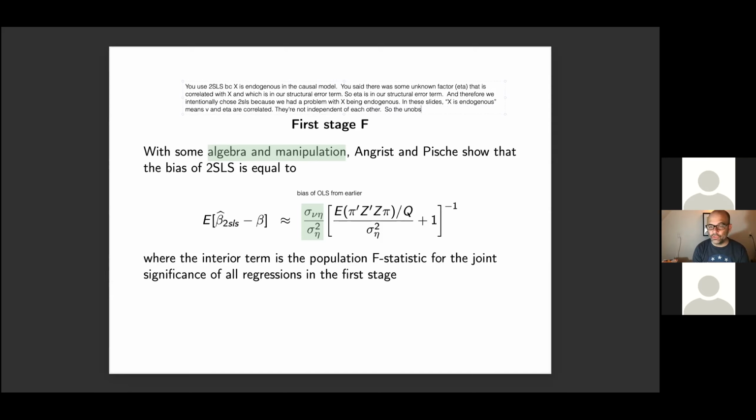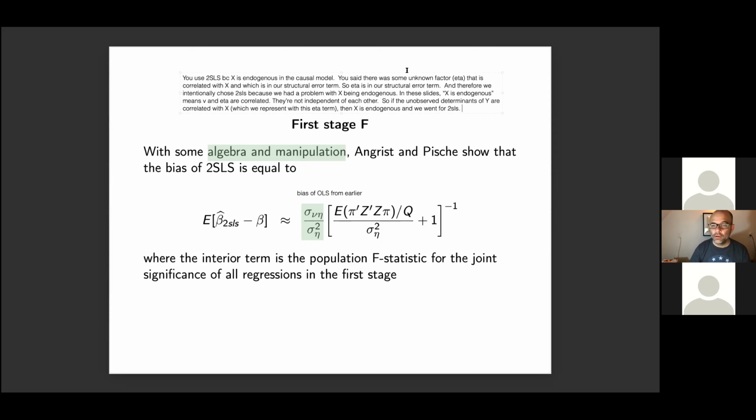So the unobserved determinants of Y are correlated with it. If unobserved determinants of Y are correlated with X, which we represent with this eta term, then X is endogenous, and we went for two-stage least squares.